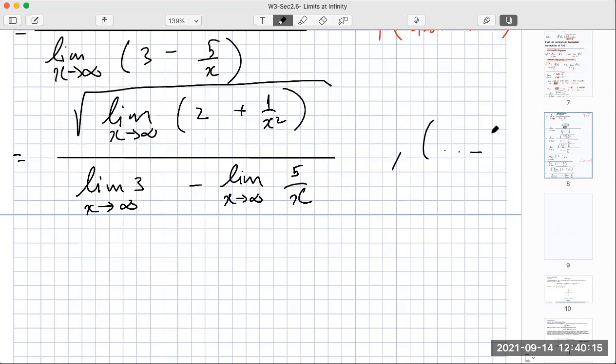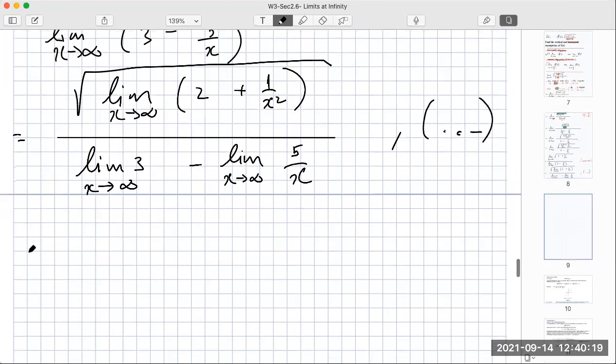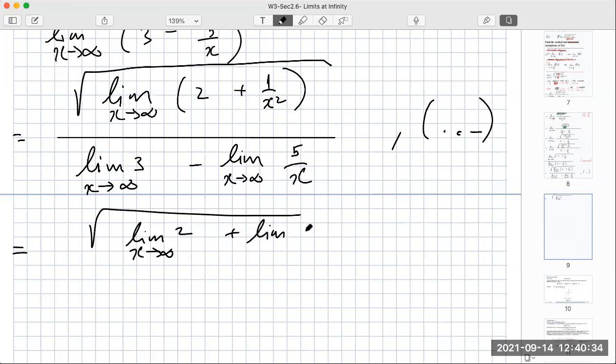So indicate the limit laws here. Then again, we use the sum law, right? Then it will be the limit of 2 when x approaches infinity plus the limit of 1 over x squared as x approaches infinity.